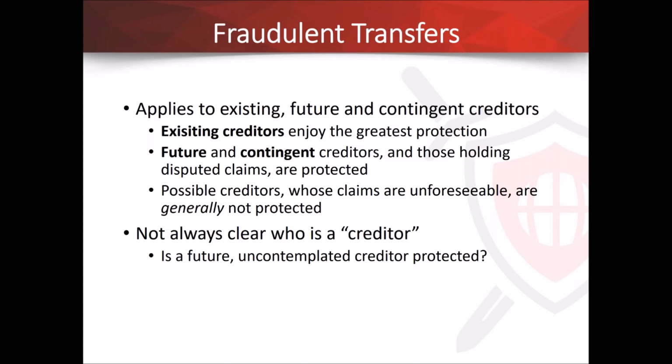So a bank who has a borrower is a creditor. A loan guarantor would be a contingent debtor, so that would be a contingent debt. A creditor whose claim is disputed would still be considered a creditor, although there are questions. And those are your existing creditors who are, in general, clearly protected.